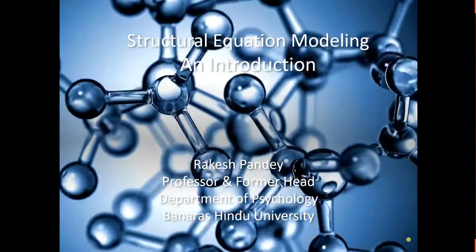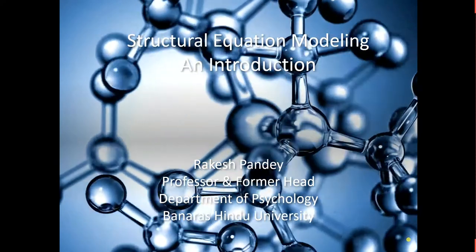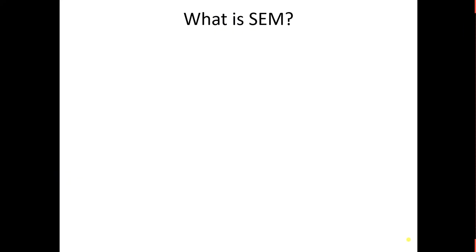But in structural equation modeling, we go beyond regression and factor analysis. In the next slide, I am going to define structural equation modeling in terms of those statistics which you are already familiar with.